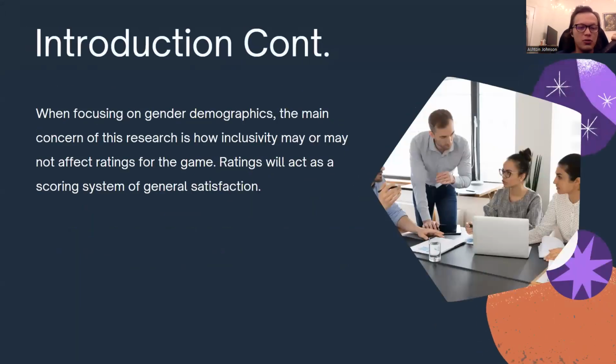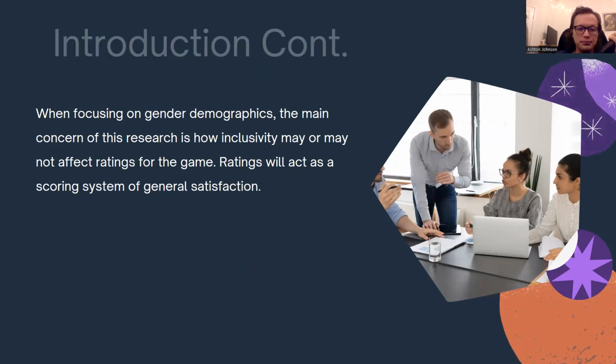Continuing, when focusing on gender demographics, the main concern of this research is how inclusivity may or may not affect ratings of a game. Ratings will act as a scoring system in this research of general satisfaction with gender demographics and representation.